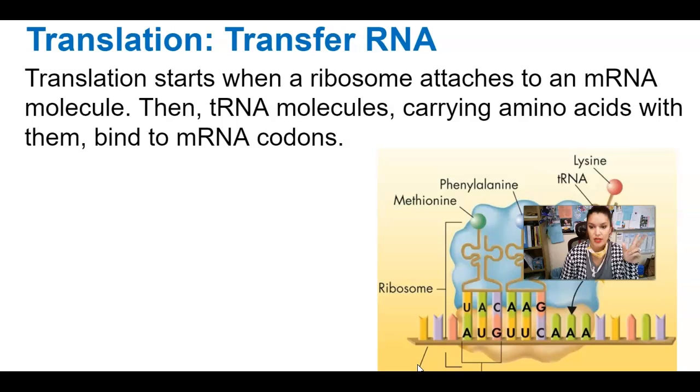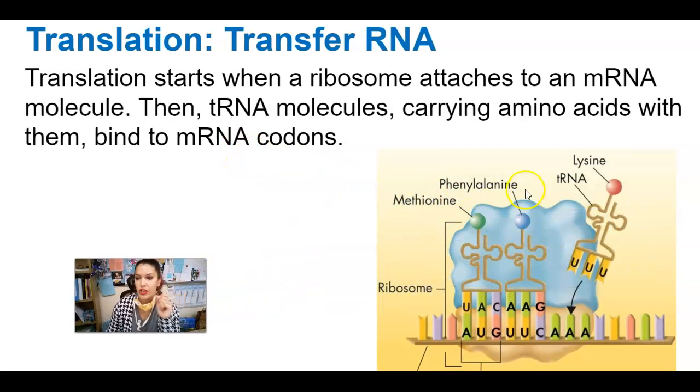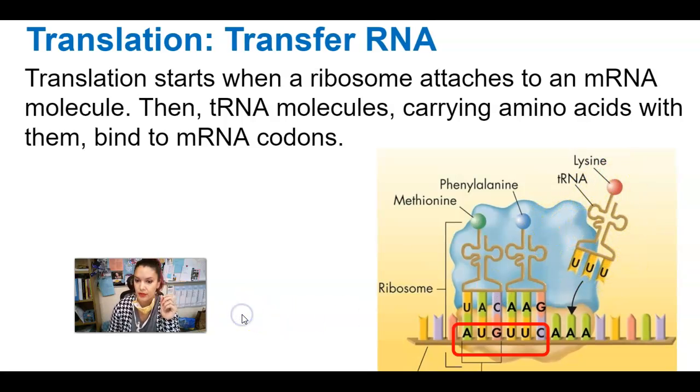You have the mRNA that you made in the nucleus, and now we have transfer RNA. Transfer RNA is this guy here. Okay, so we have a start codon right here, so that's where transfer RNA will first come in. There's methionine, AUG is methionine there, and transfer RNA will bring in this amino acid, and this blue part here is our ribosomal RNA.